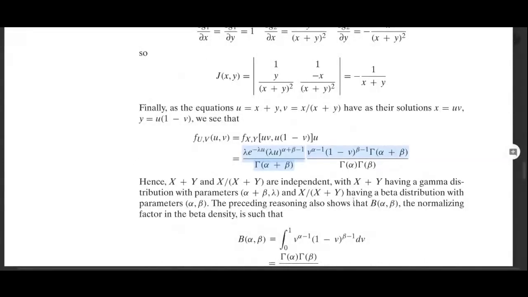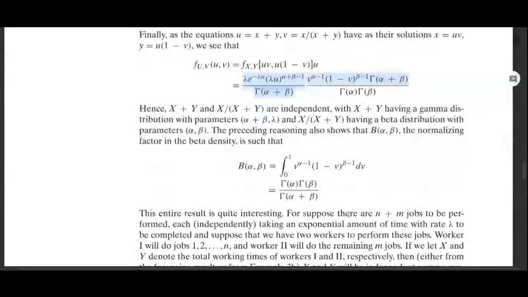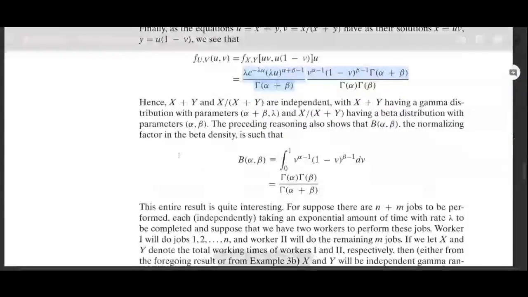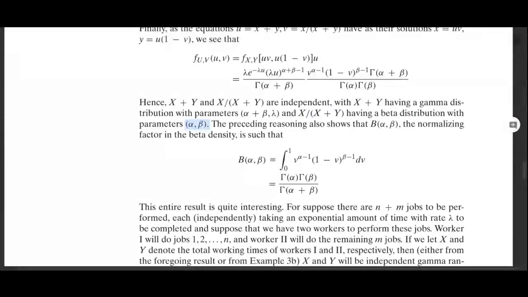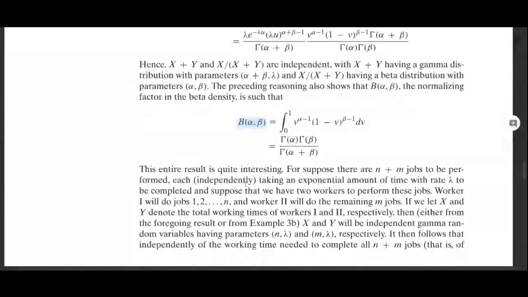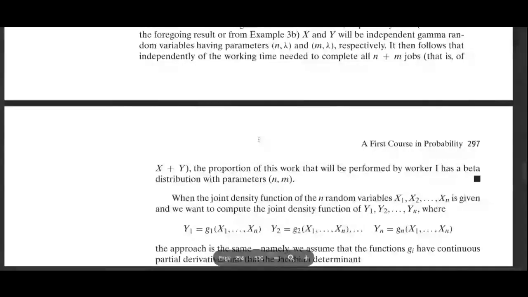Very complicated, very cumbersome representation. So this basically is saying that u and v are independent, with x plus y having a gamma distribution with parameters alpha plus beta, lambda, and v having a beta distribution with parameters alpha and beta. So the normalizing factor is such that B, that's okay, we don't have to know this.